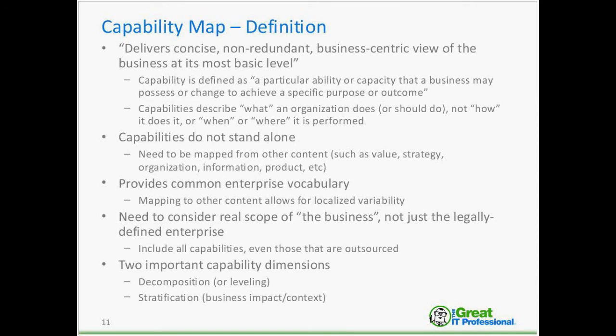So if there happen to be 4 different business units that are ultimately trying to do the same thing, they may call it a different thing in their local space, but if we map it to the same capability, we now have transparency and visibility across the enterprise that, in fact, they are doing the same thing, even though they may use local language.